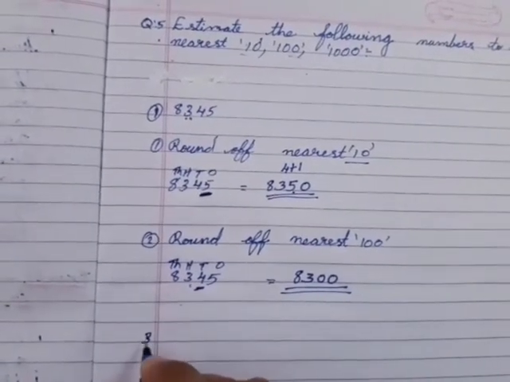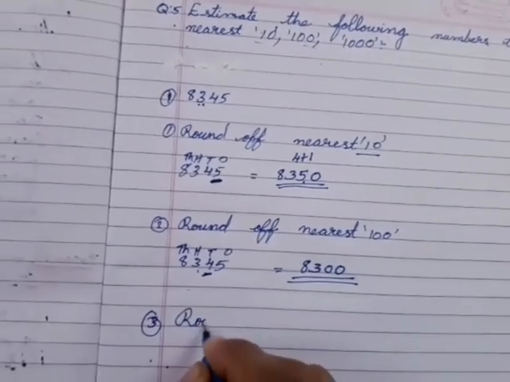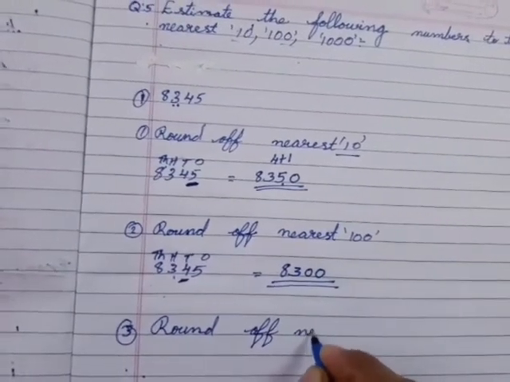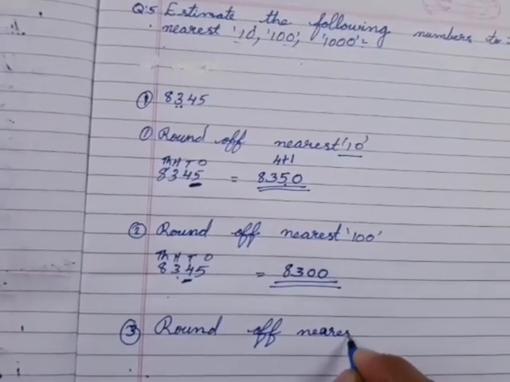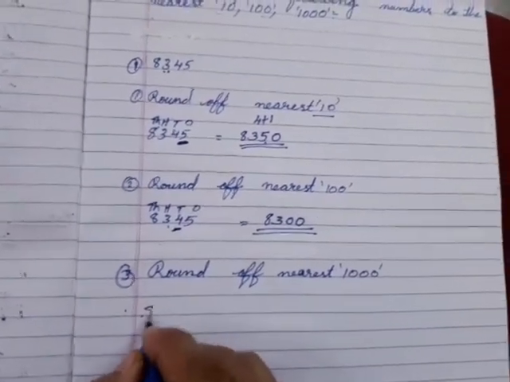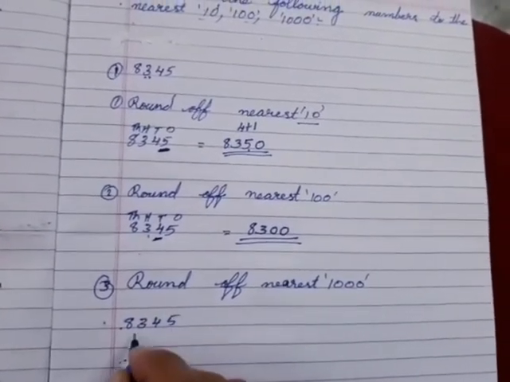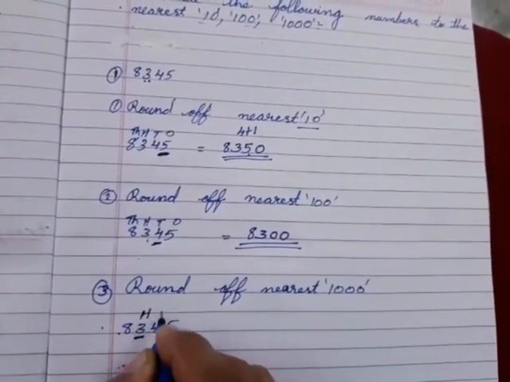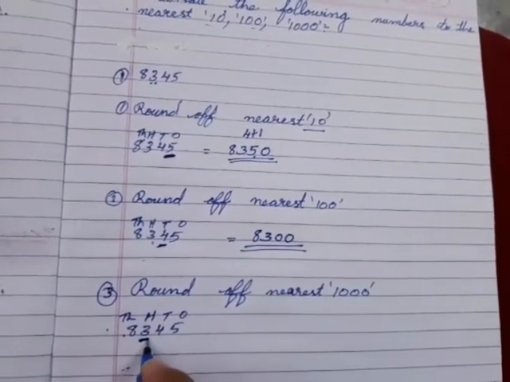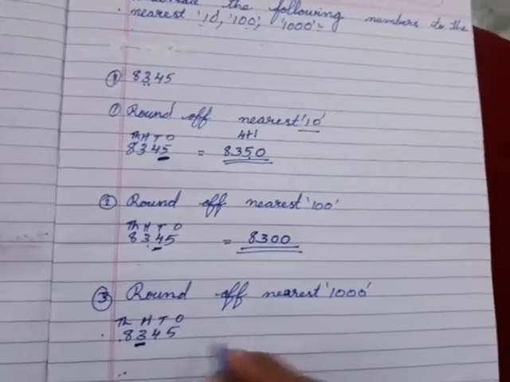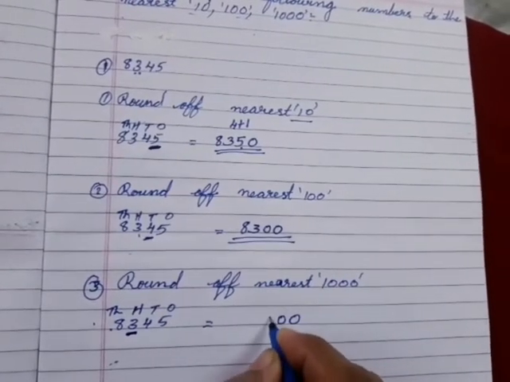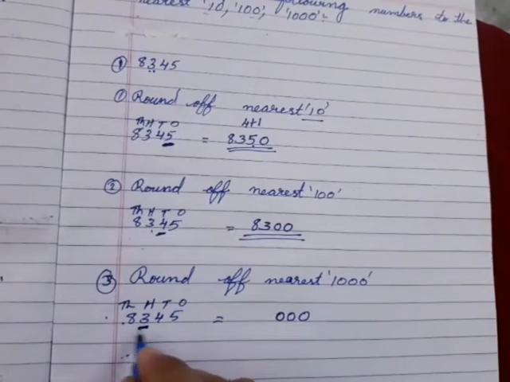And question number 3, round off to the nearest 1000. The number 8345: we consider the number at the hundreds place, which is 3. So in the estimation we put 0 in the ones place, 0 in the tens place and 0 in the hundreds place.